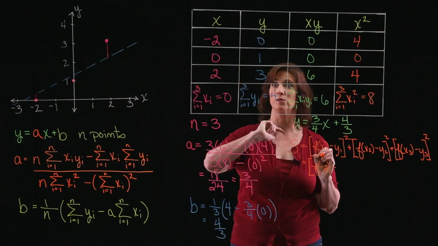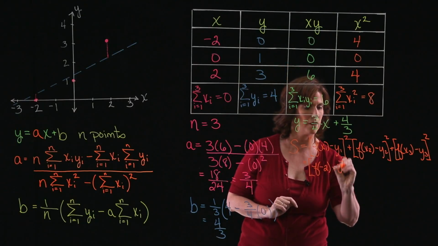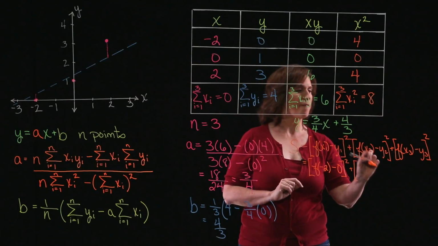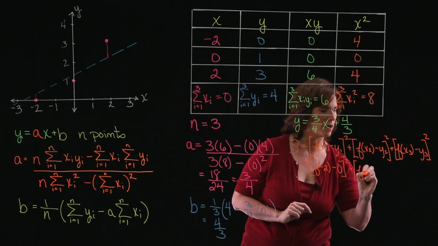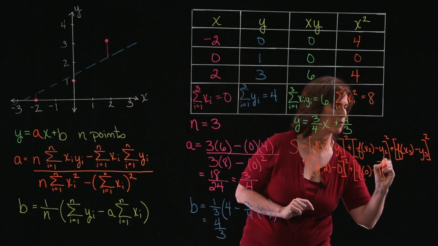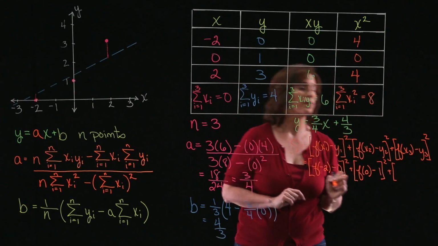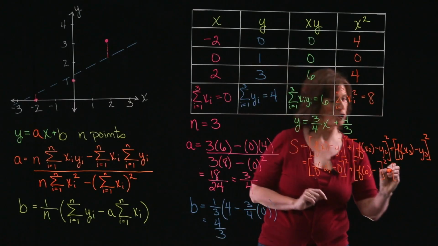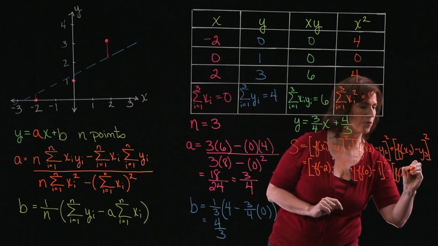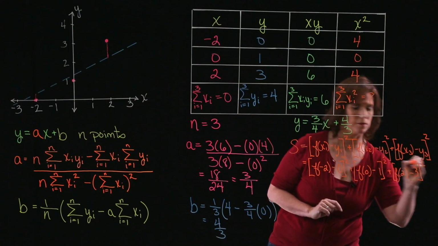In fact, I can get those data points right from my table, so I'll subtract 0 and square it. I'm going to be taking f of 0 and subtracting 1, and then squaring that result. Then I'll be taking f of 2 and subtracting 3 and squaring that result.